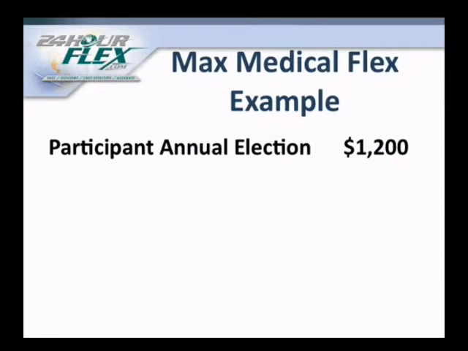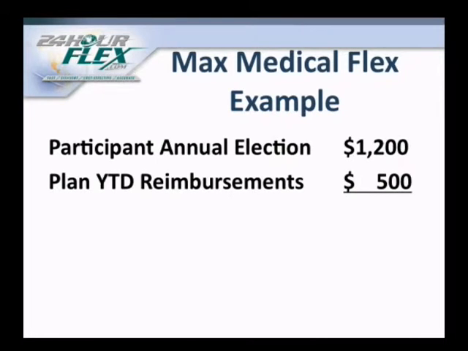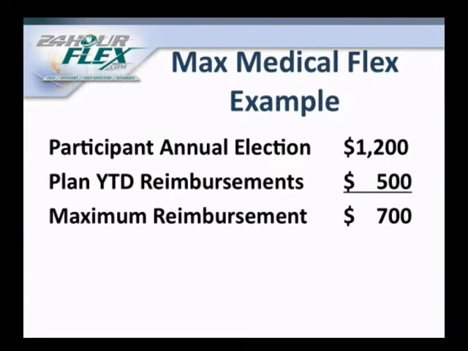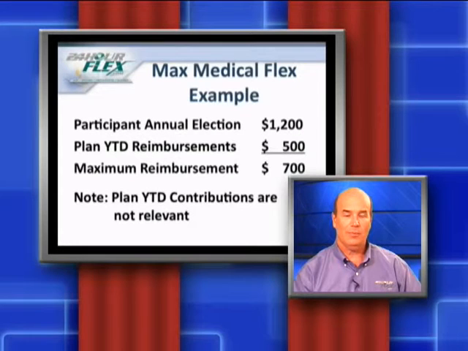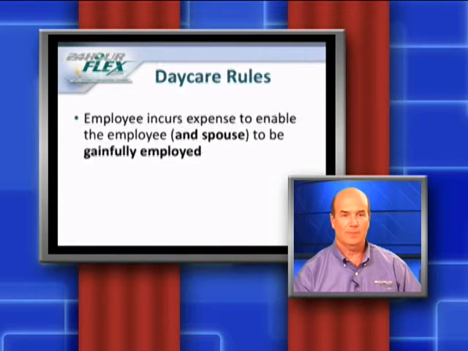Assume your annual election is $1,200. You've been reimbursed already $500. That would mean your maximum reimbursement is $700. Note that the reimbursement is not dependent upon how much you've actually contributed year-to-date to the plan. It's your annual election minus your year-to-date reimbursements.